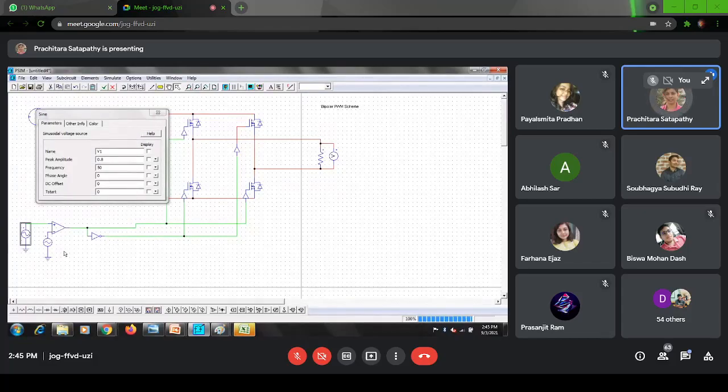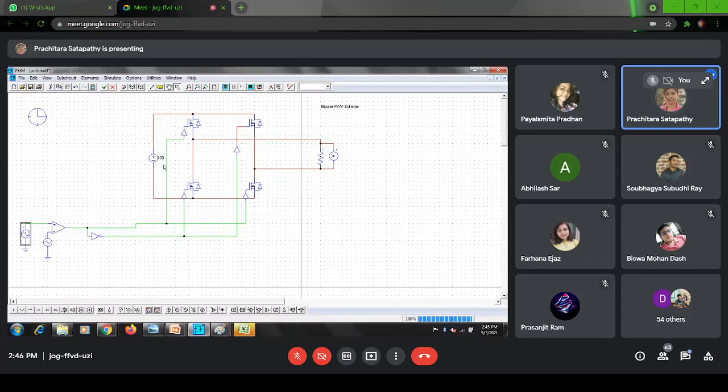You can also take the peak amplitude which is less than 0.6 or 0.7, but always take less than 1, because for the rectangular you have taken the peak amplitude +1 to -1. Yes or no? Okay. Clear?